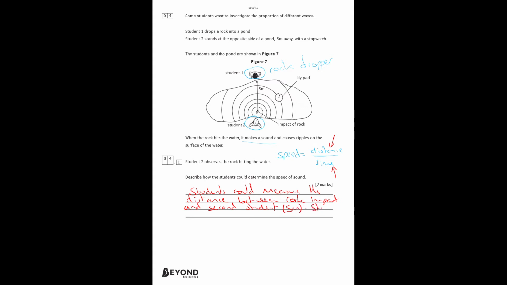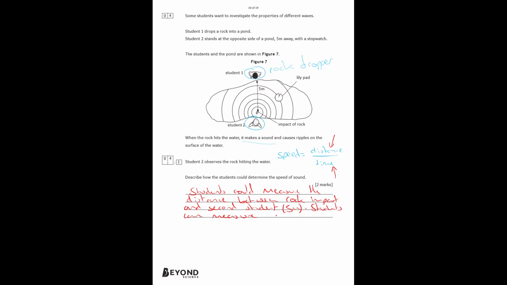And students can measure, and where are we going to get the time? Well, we want the difference in time between the students seeing the rock hit the water and hearing the sound of the rock hitting the water. That will be the speed of sound.